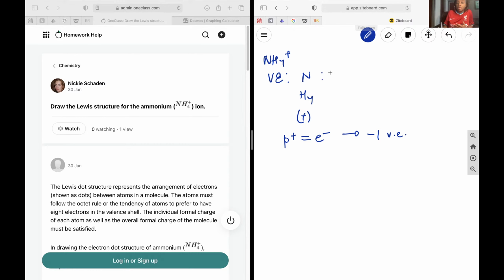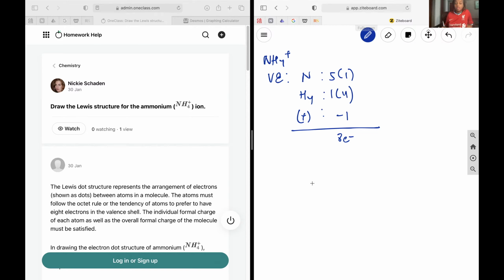And so nitrogen is going to give me 5 valence electrons per atom. Hydrogen is going to give me 1 valence electron per atom, and the positive charge is going to be -1. So when I add that all up, I'll get 5 plus 4 minus 1, which is 8 electrons.